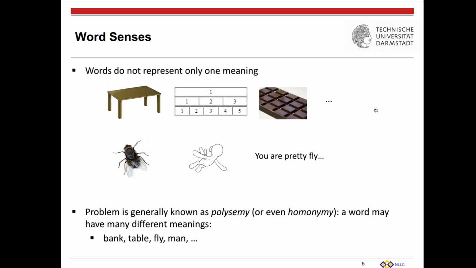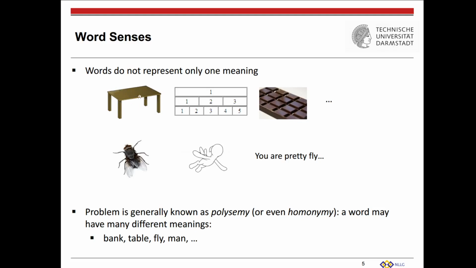So the first thing we start out with is word senses. What we know is that words do not only represent one meaning, and we have an example here. Here are three objects, and these objects in English can be denoted by one and the same word, and this word is table.